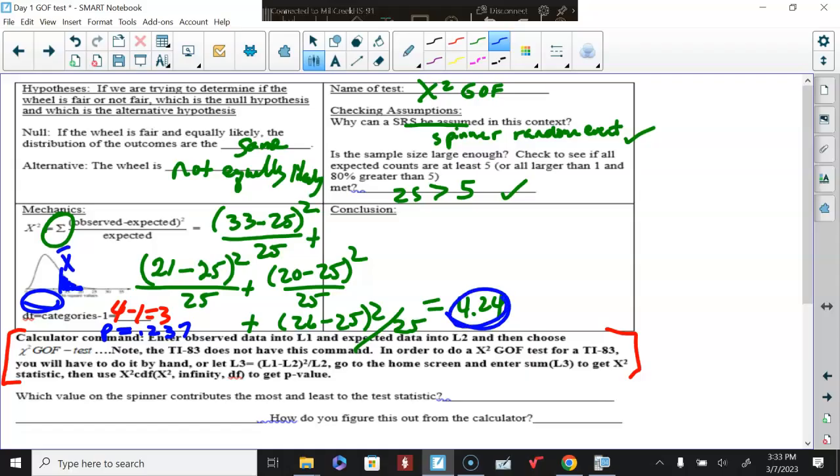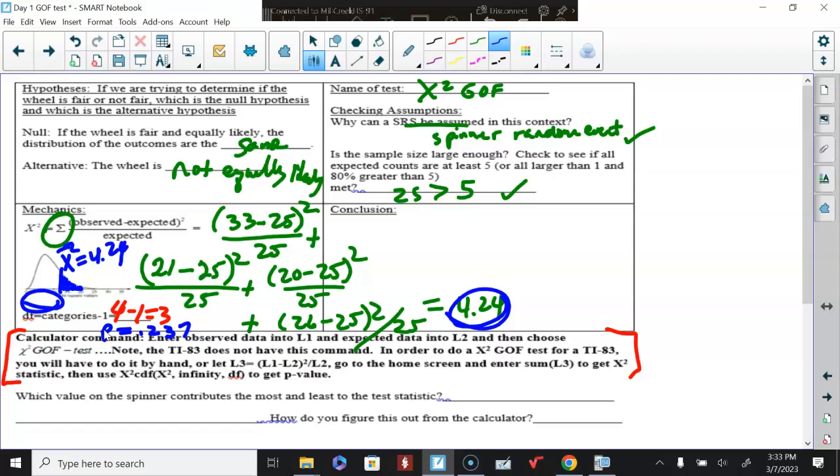So my chi-squared statistic is 4.24. This picture is going to change as the degrees of freedom changes, as do the values on the horizontal axis. But about 23% to 24% of the area should be shaded. It's always the right tail, and where it hits, that's where your chi-squared statistic, 4.24, is.